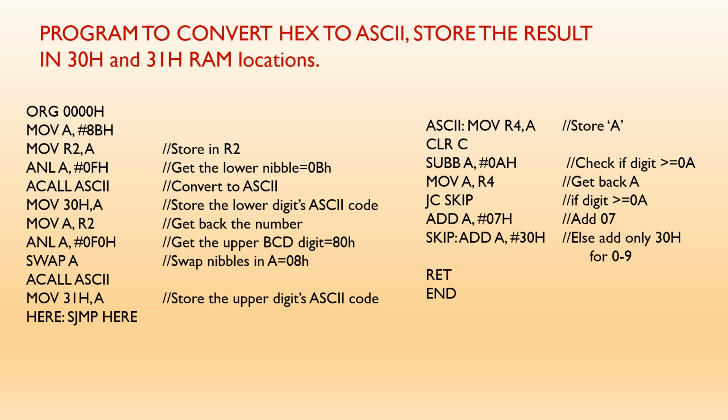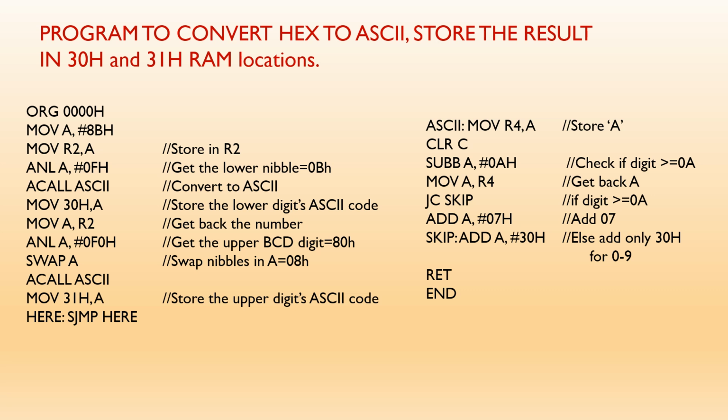Subtract with borrow A comma 0AH is used because I don't have a compare instruction to compare the content of register A with 0A. Later I'll check the carry flag. If the carry flag is set, it means the content of A is less than 0A.